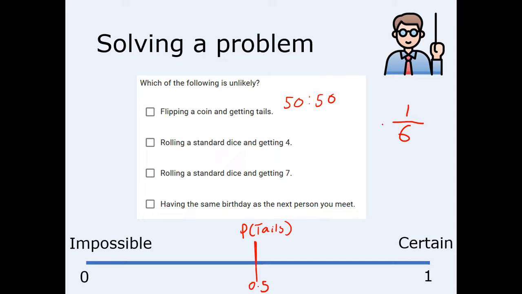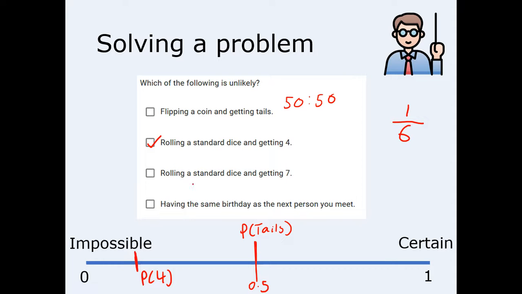So there is a 1 in 6 chance of getting a 4. This would be the probability of getting a 4. Now that is unlikely. It's not impossible, but it's more likely to not happen than to happen. So we'd say that this thing here is unlikely.